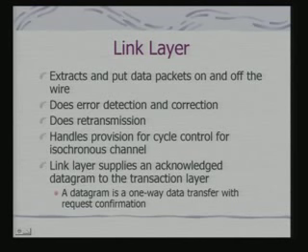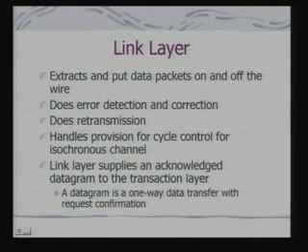One of the appropriate actions could be retransmission. It handles provision for cycle control for isochronous channel. We have already seen that when it's an isochronous channel, we really do not go through the transaction layer. So it's a continuous flow of data. So you have to maintain the cycle by which the data is to be transferred, and that's what is handled by the link layer.